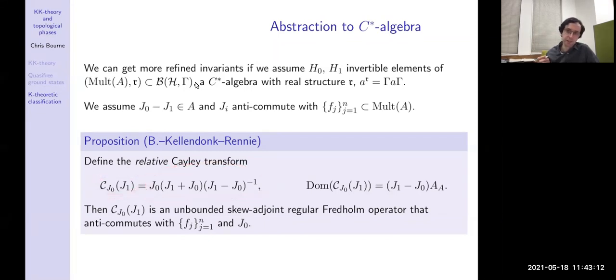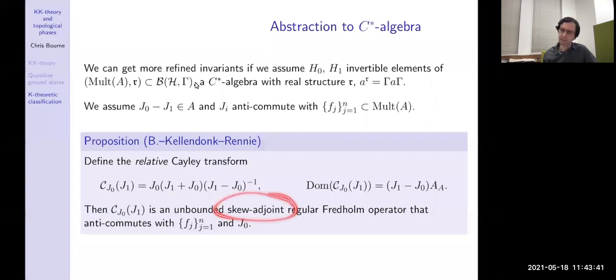It looks a bit like a Cayley transform, but it's now an unbounded operator on this C-star module. We'll have a particular domain, and I take the closure of that domain as my module, so it's dense. What's nice is that, much like the Cayley transform is a nice self-adjoint elliptic operator, this relative Cayley transform is also an elliptic operator.